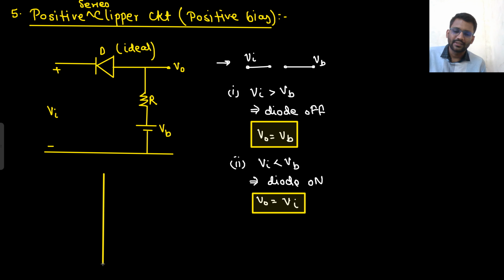Let's draw the transfer characteristics. What is the point of transition? The point of transition is VB.